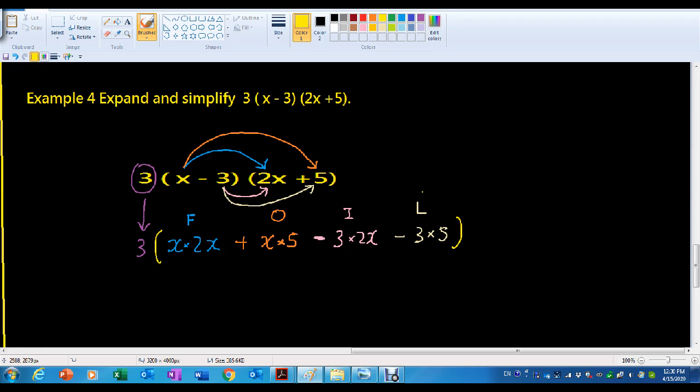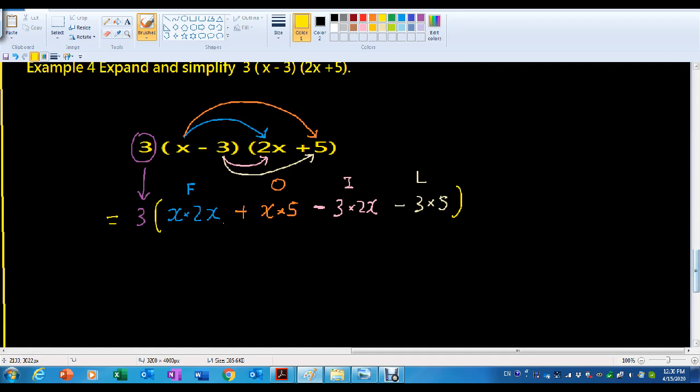Because you've done all the multiplication for the two binomial expressions, you should add brackets between that 3 and the whole expression. Remember, all you need to do is to use FOIL for the two binomials. You expand them. After your expansion, add a bracket to protect them from the multiplication of 3.